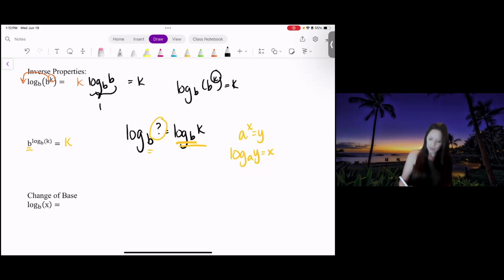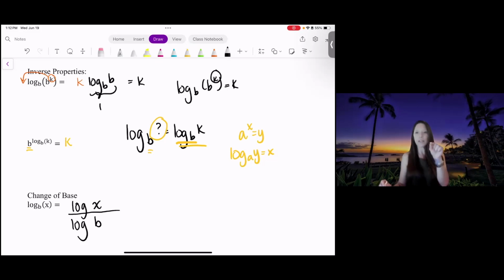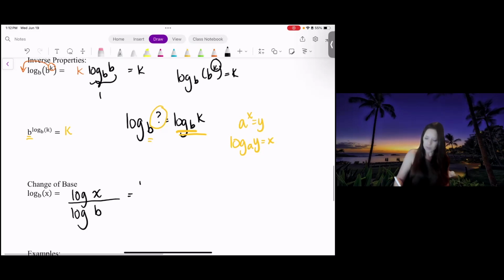You can evaluate this using regular log or natural log, either one. The base is on the bottom, and the value that you're taking the log of goes on the numerator. So the base is in the denominator, x is in the numerator. And again, these are just logs base 10. This is also the same thing as natural log of x over natural log of b.